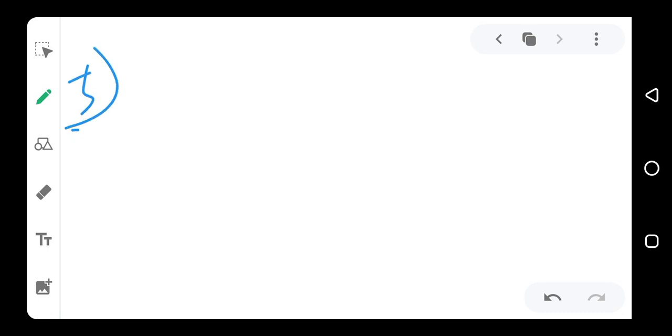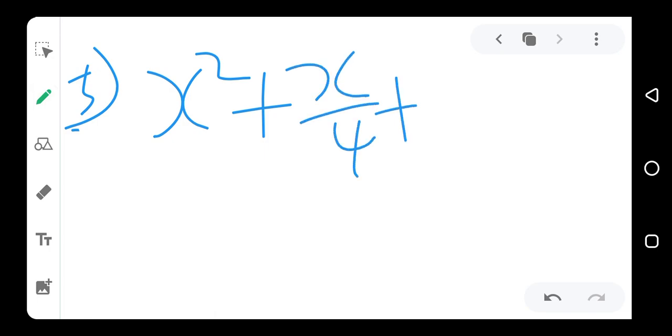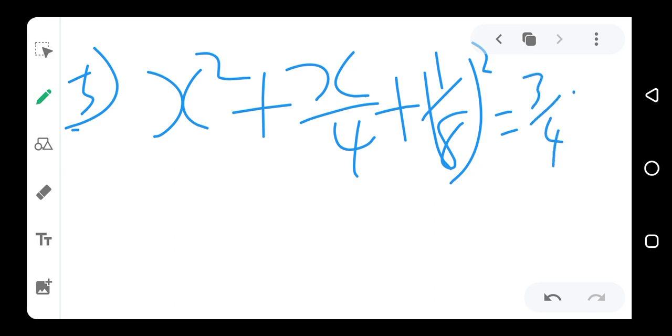Then it becomes x squared plus 3 plus x over 4 plus 1 over 8 squared is equal to 3 over 4 plus 1 over 8 squared. We have added 1 over 8 squared to both sides.